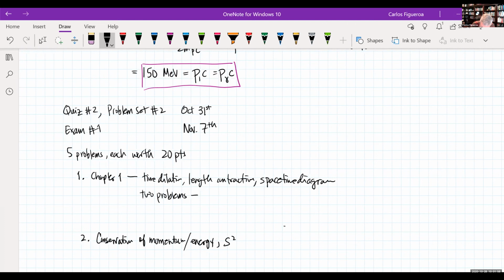So it's going to be super important that you be able to boost into 2 frames. That means you're either going to boost from the S frame to the prime frame or the prime frame to the S frame. And I'm pretty sure one of the problems is already written and it's exactly like that.